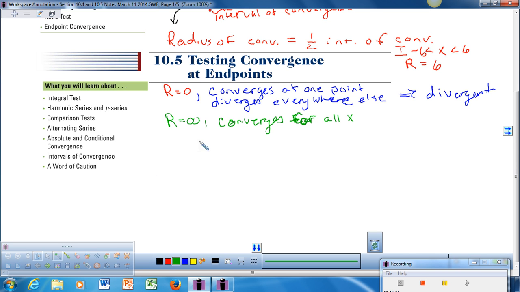And then the third thing that can happen is that our r could be less than infinite, but greater than 0. And that's when we have an interval of convergence, like the picture we have above.